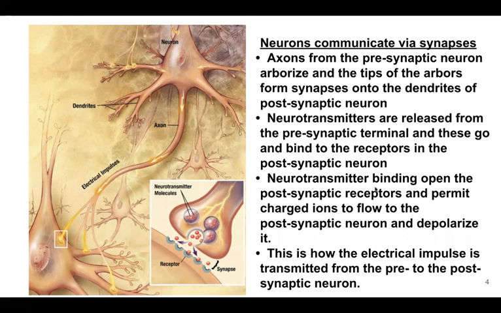And so neurotransmitter binding opens the postsynaptic receptors and then allows charged ions to flow into the postsynaptic neuron and depolarize it. And this is how electrical impulses are transmitted from the pre to postsynaptic neuron.